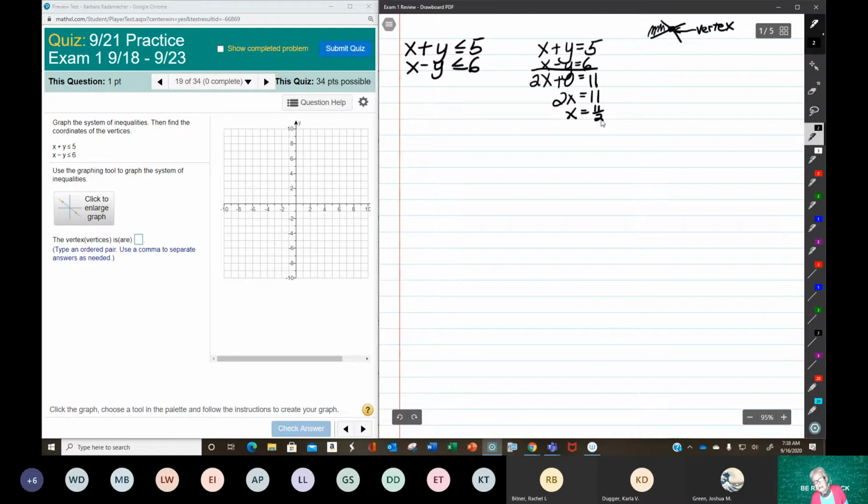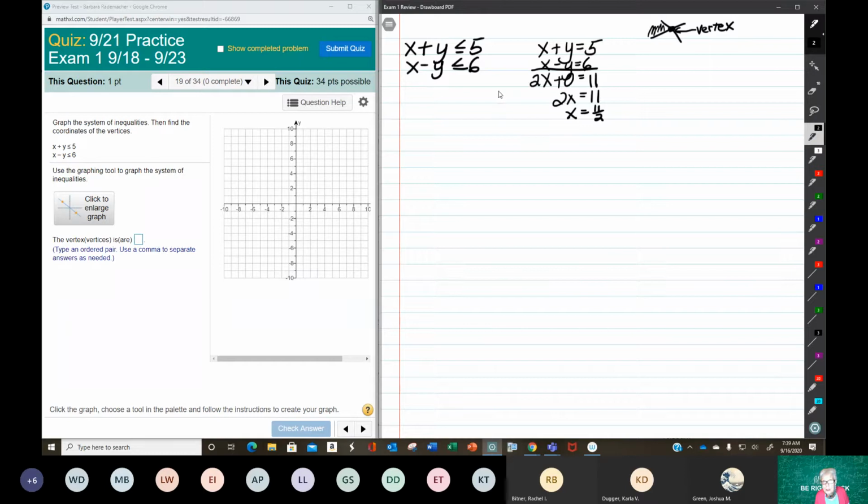which is 5.5. But the instructions say, well, it doesn't really say, does it? Type an ordered pair, use a comma to separate. So I wonder if it would take 5.5. I don't know. But let's assume it doesn't. And so now you can take 11 over 2 and put it into either one of these equations and then solve for y, the other letter, or you can go ahead and do elimination again.